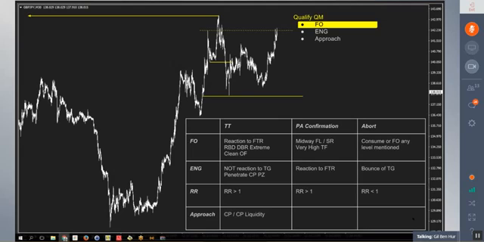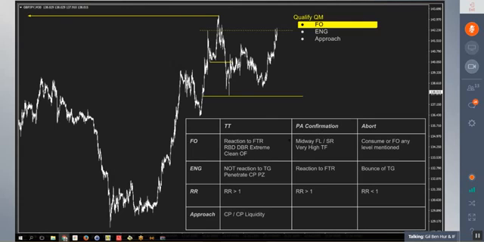I have three statuses for each one of these three dimensions of the Quasimodo. One is a touch trade, meaning it's so obvious that it should work that I can really put a limit order and just go to sleep and wait for the outcome.